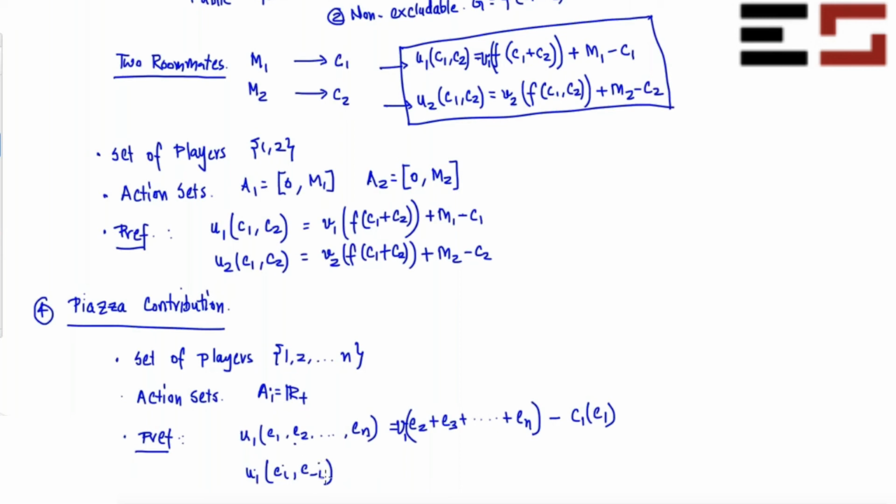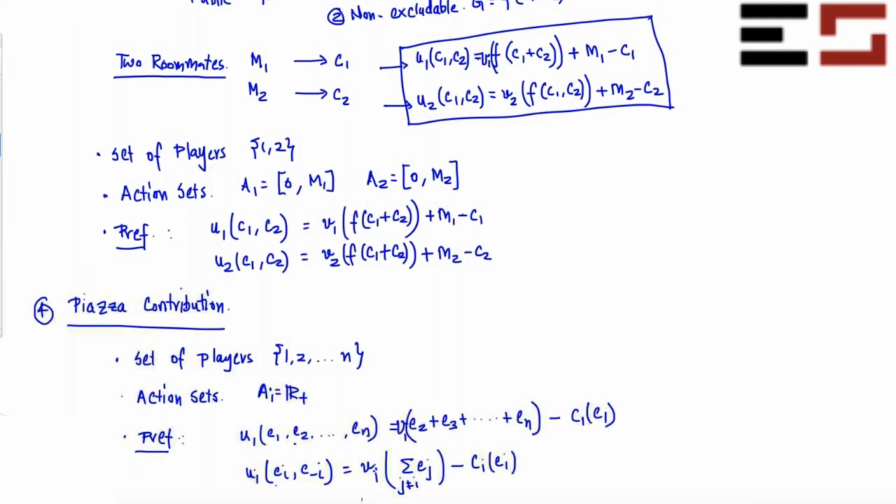So ui is a function of ei and e minus i, where vi depends on the summation of ej, j not equal to i, minus ci ei.